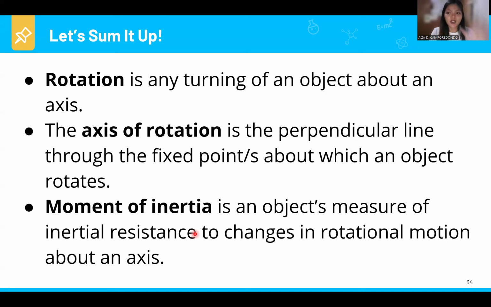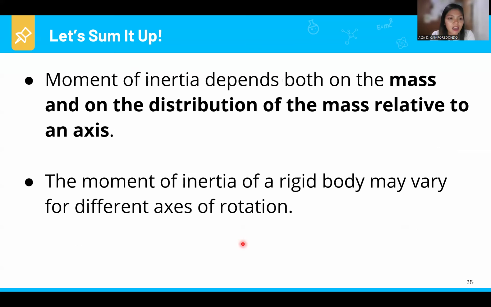Another one, moment of inertia is an object's measure of inertial resistance to changes in rotational motion about an axis. Moment of inertia depends both on the mass and on the distribution of the mass relative to an axis. So this refers to the radius actually.